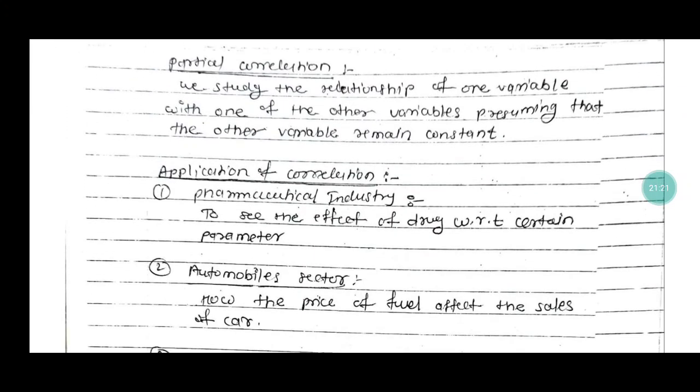In partial correlation, we study the relationship between one variable and one other variable, presuming that the other variables remain constant.